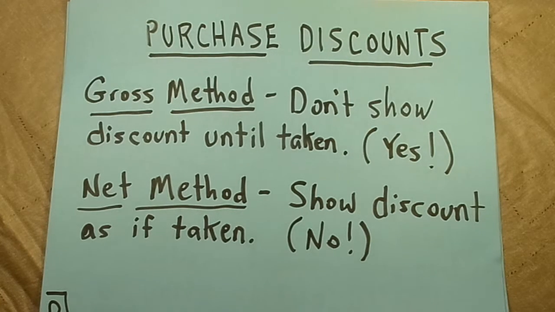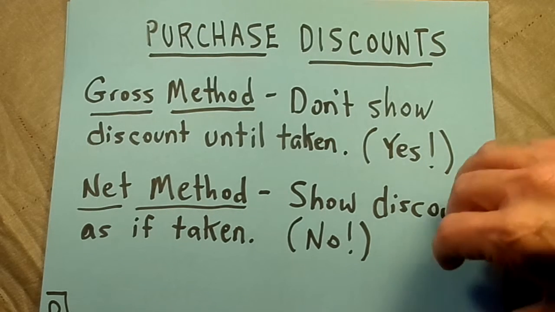A 2% loan, for example, for a week might be 100% over a year. And so the point here is similar. Taking a discount 20 days early for 2% would really be like saving 30-40% annualized. But again, it's beyond the scope of the class. The point is, it's a very good idea to take the discounts, but we're going to not record them until in fact we take them.